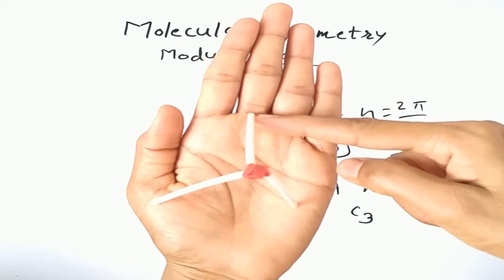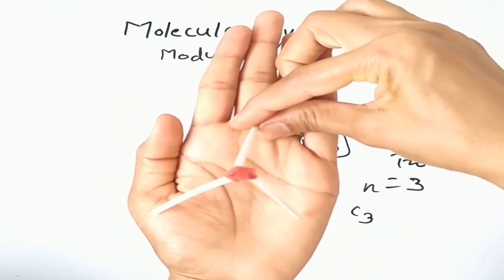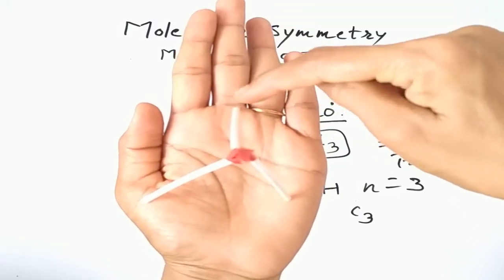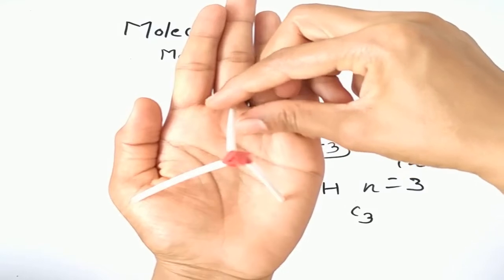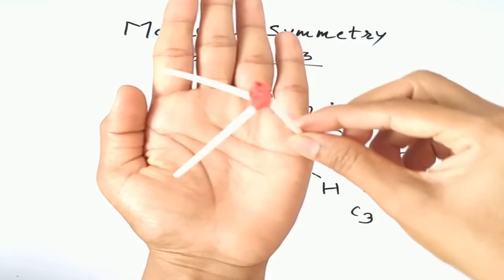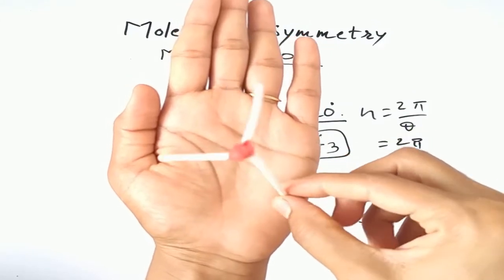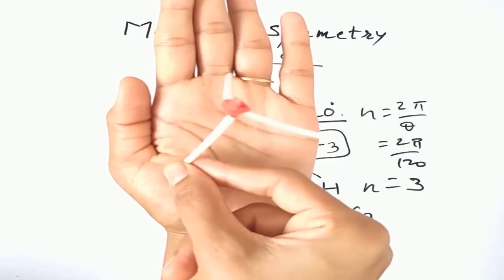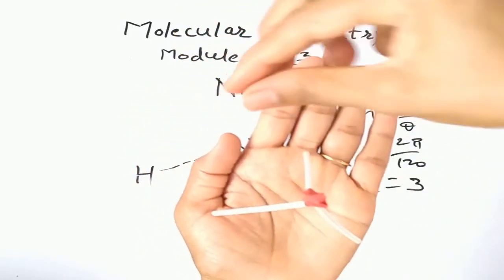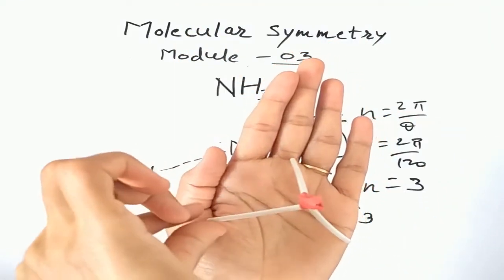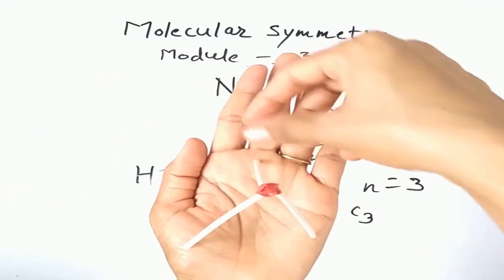Suppose it is H1, H2, H3. I am holding continuously to the H1 while rotating. Initially it is at this place. After first rotation, H1 will be here. After second rotation, H1 will be here, and after third rotation, this H1 will be at its original place.